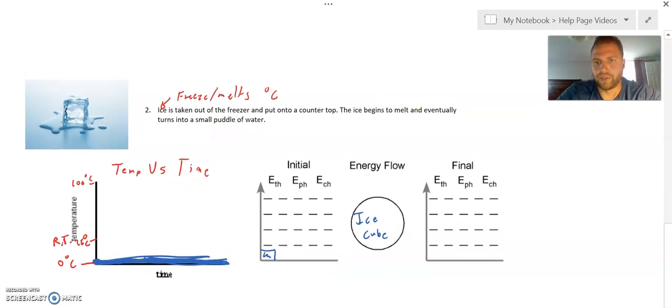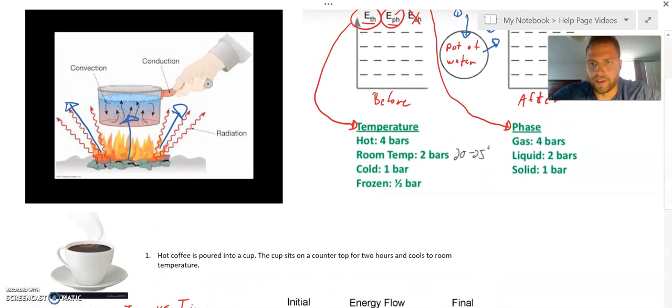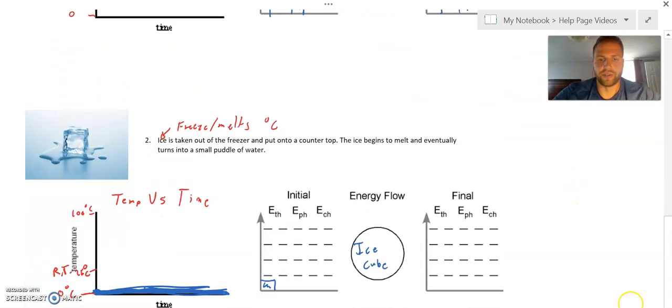And now let's move back up to our reference sheet and ask ourselves, what should we pick for the phase? Is phase changing? Definitely is, right? And if a frozen ice cube melts, we're moving from a solid of 1 bar to a liquid of 2 bars. That's what constitutes the phase change. So let's draw those in.